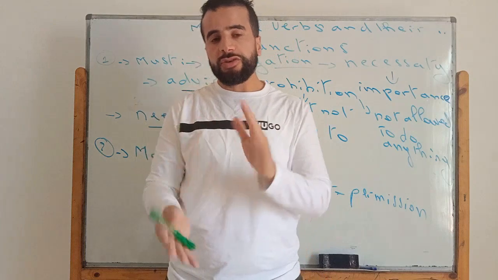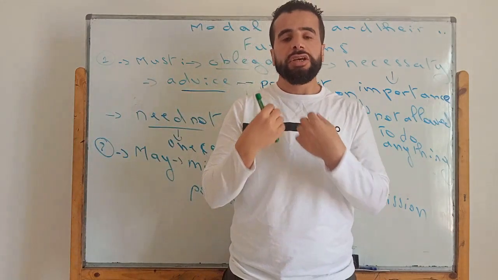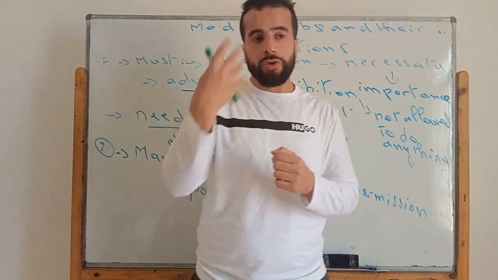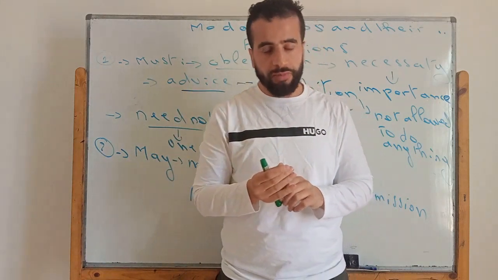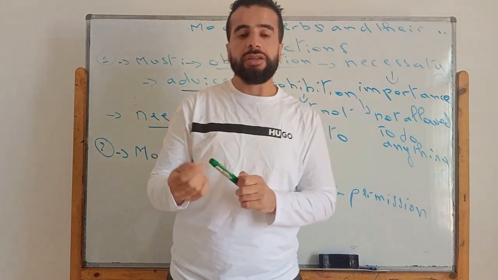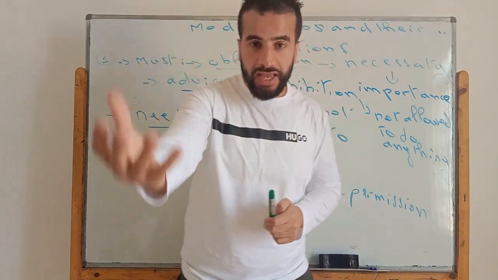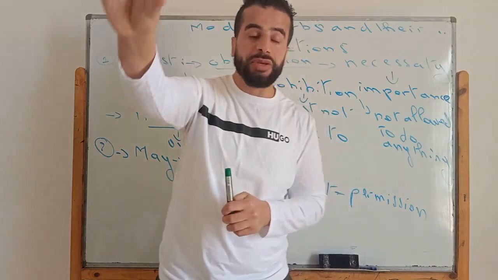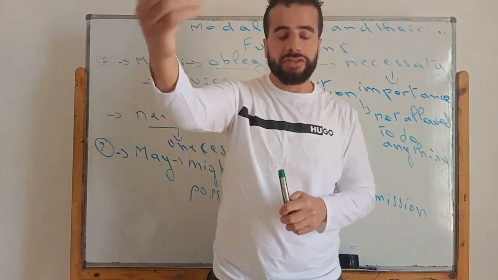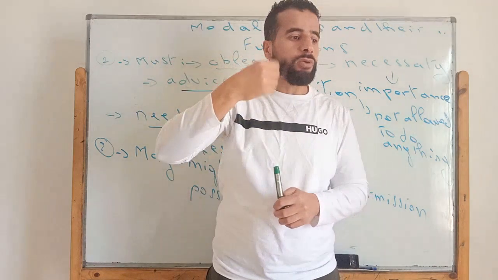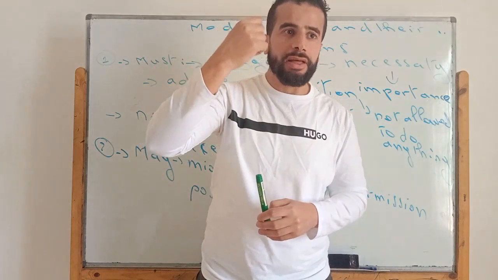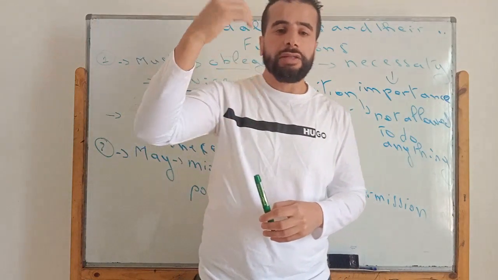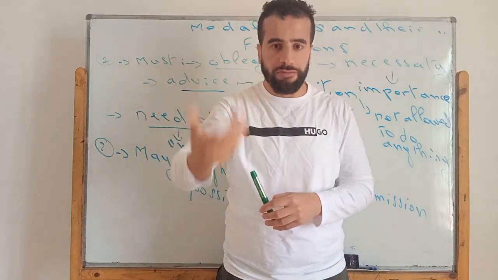Clear? So the difference between permission and the request usually comes from the speaker, right? When you request something, and the permission the other way around. When you state it, you want the recipient to give you a clear idea that you are allowed, or that your request is being fulfilled.